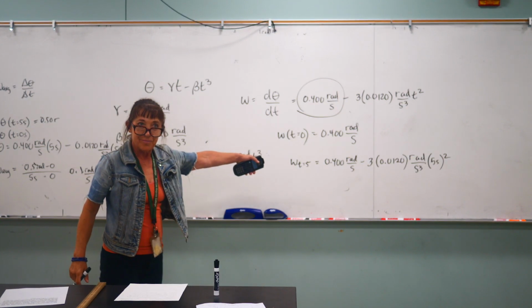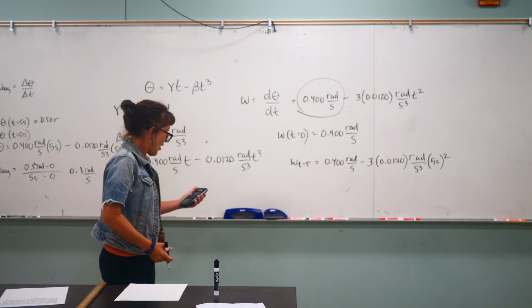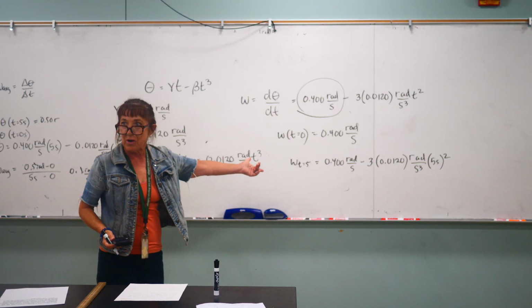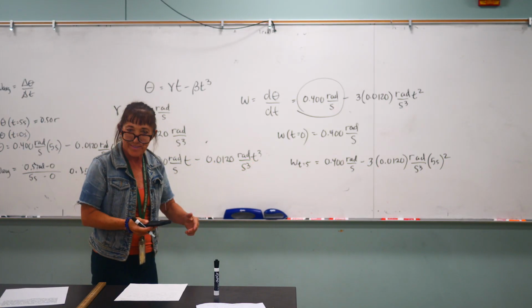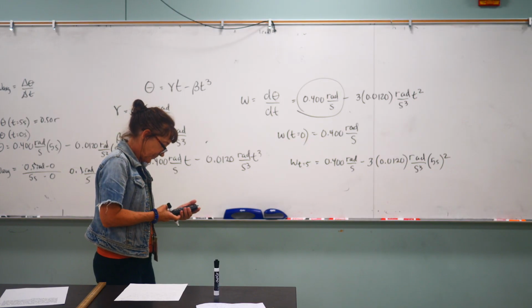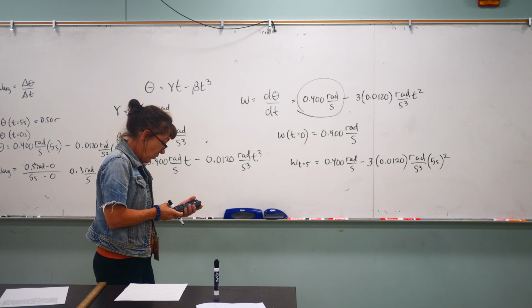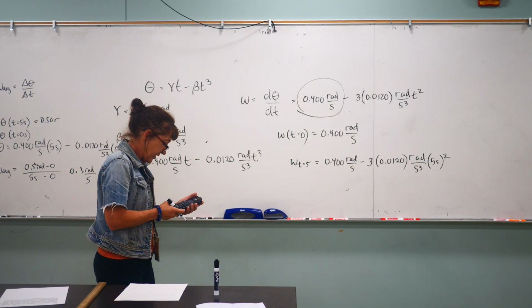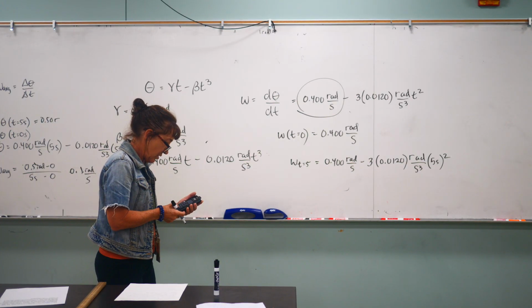All right, back to here. So what did you get for this? 0.4 minus 3 times 25 times 0.012.